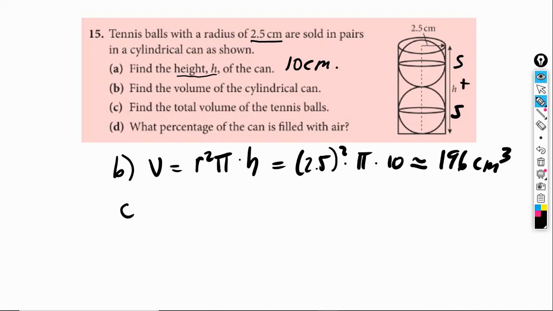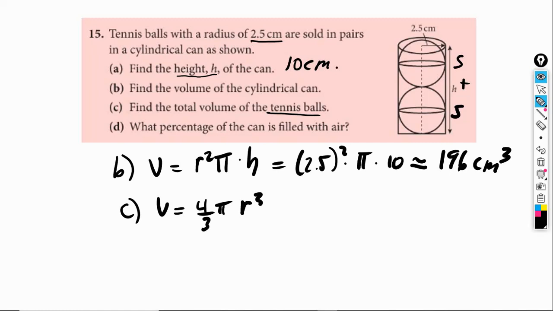Part C says find the total volume of the tennis balls. So the tennis balls are spheres. And remember that the volume of a sphere, just to recall, is 4/3 pi r cubed. In this case, we have two balls, so we're going to have to multiply the volumes by 2.